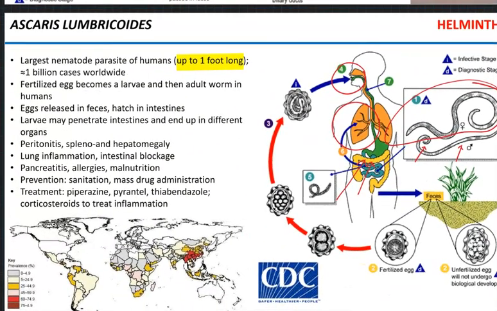Now, the problems. If you have only one worm, it's not going to produce eggs, because you need 2, because there's a male and a female. But there's a pretty good chance that you're going to swallow another egg. And then if you have a male and a female, they start having babies, eggs.